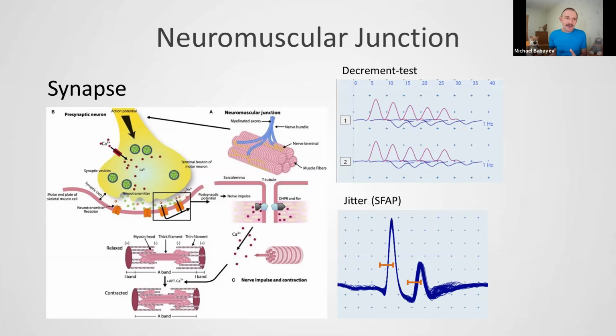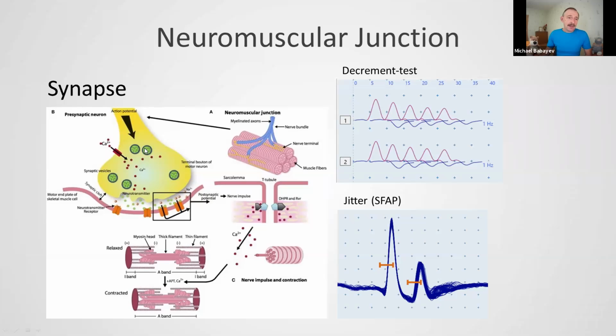I think this very strange chemical system is a mistake of nature. Because in nature, in some other animals, we can see electrical synapses. That is much simpler. But here in the human body, we have only the chemical and very complex one. And if it is very complex, sometimes we can get some problems with this synapse.